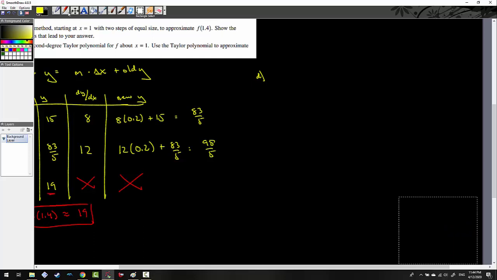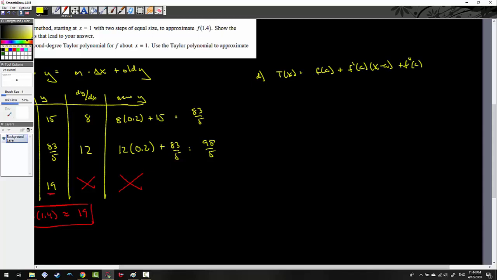Well, remember, a Taylor series is really just f of a plus f prime of a times x minus a plus f double prime of a times (x minus a) squared over 2 factorial plus dot dot dot. Well, in the case of this example, a is 1.